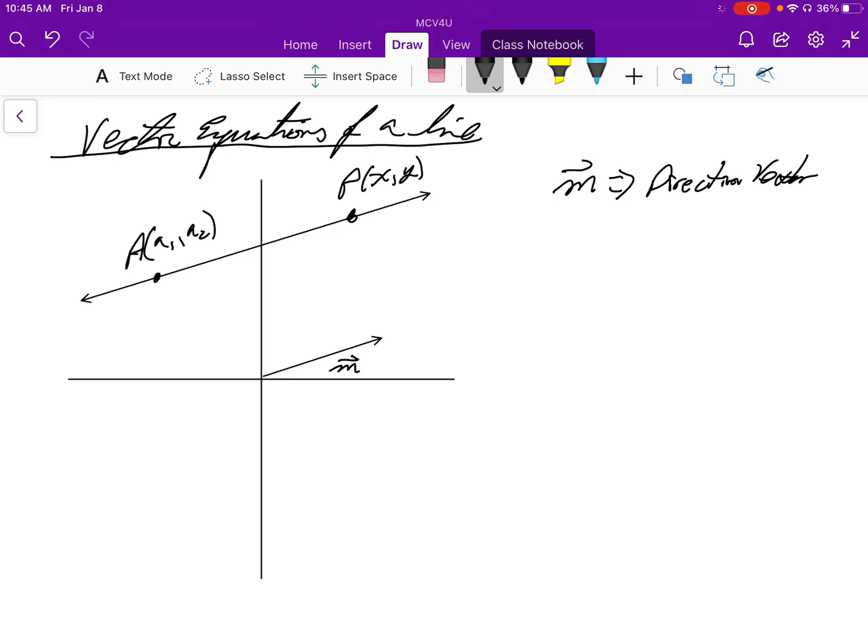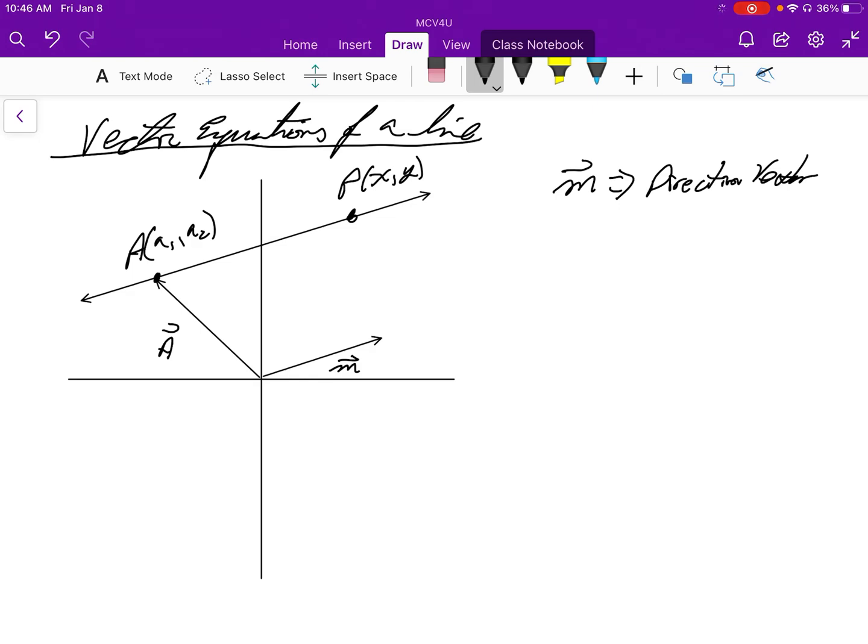So how do we come up with an actual equation that gives us that point P? Well, here are some of the things that we need to understand now. That point A is the head of the position vector OA. So we now have this as our vector OA.